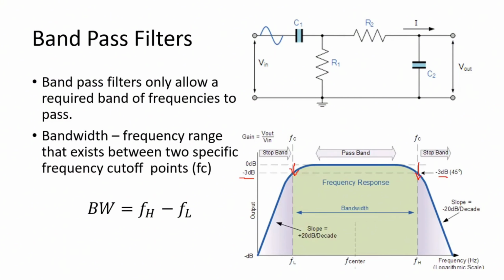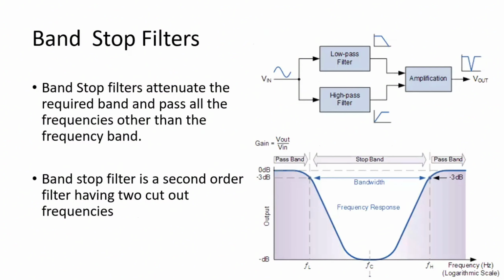For the band stop filters, it will consist of three different sub circuits: low pass, high pass, and the amplification.